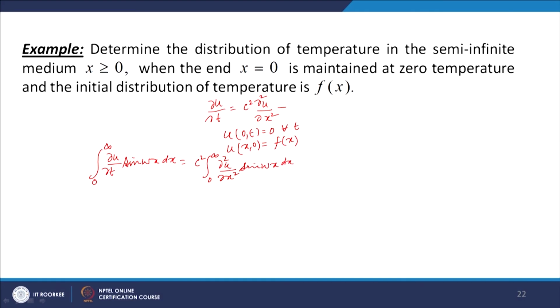Now, x and t are independent variables, so here integration is with respect to x. So, I can write this also as the Fourier sine transform of u_xx.